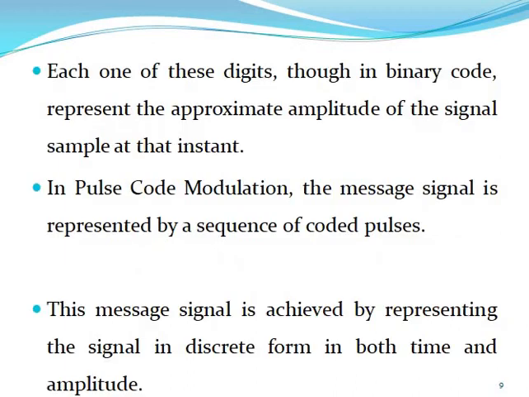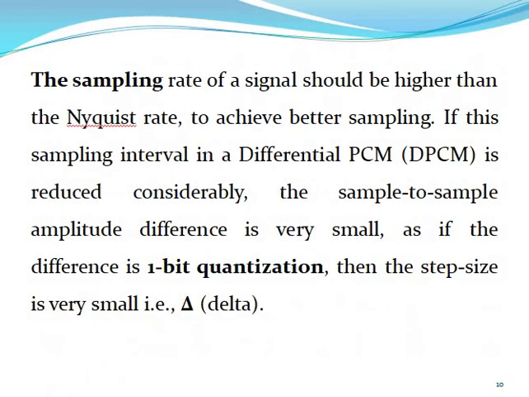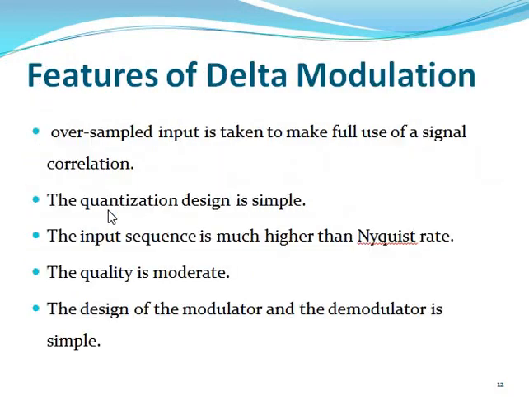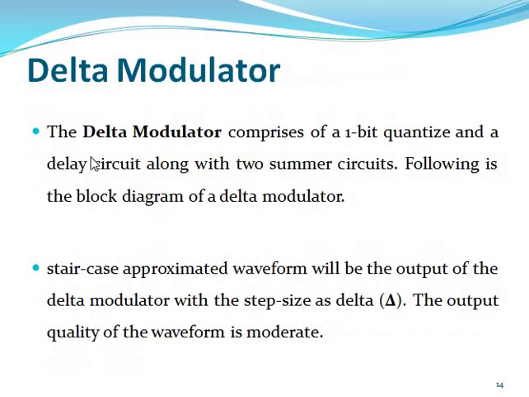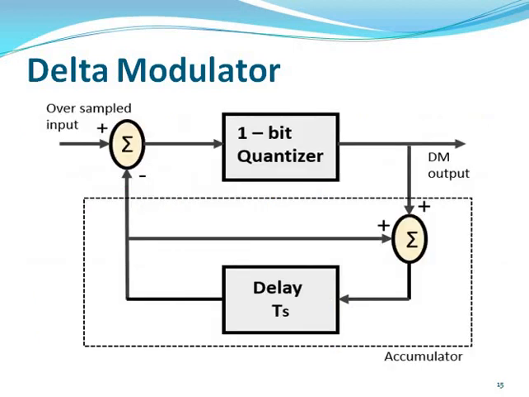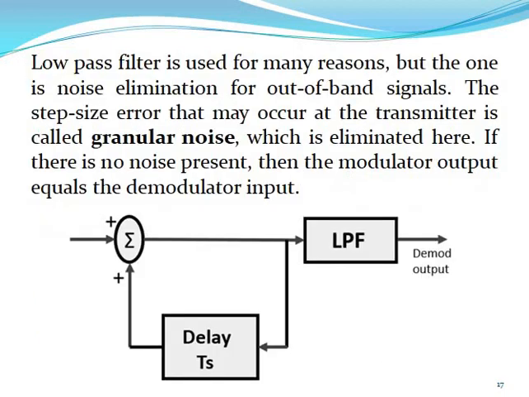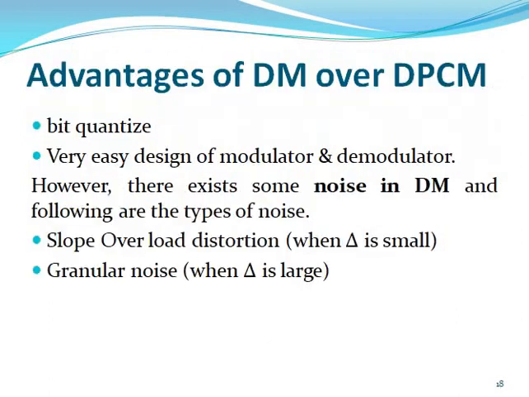Also, in analog and digital data, we saw what the sampling rate and Nyquist rate are. So for delta modulation, the features are important, and one is the delta definition. What is delta modulation? It uses a low pass filter. So this is the importance. So this is the completion of the modulation.